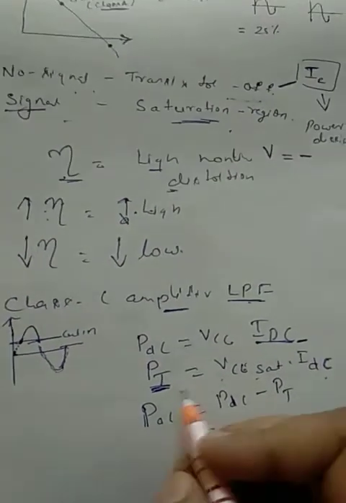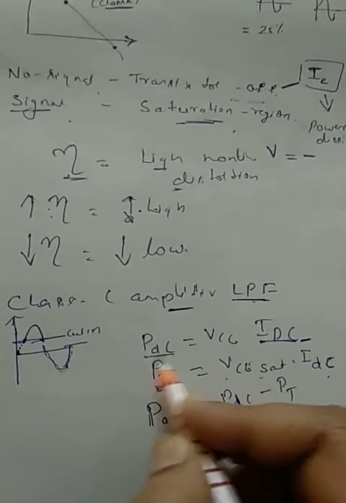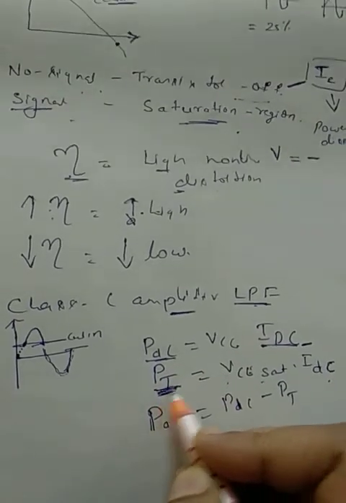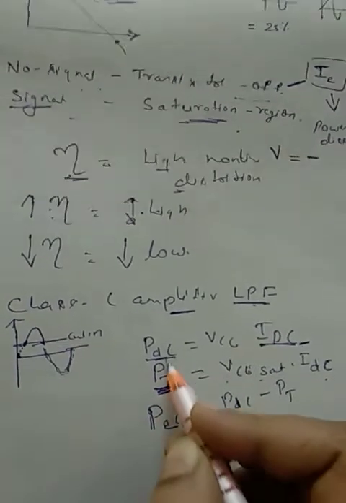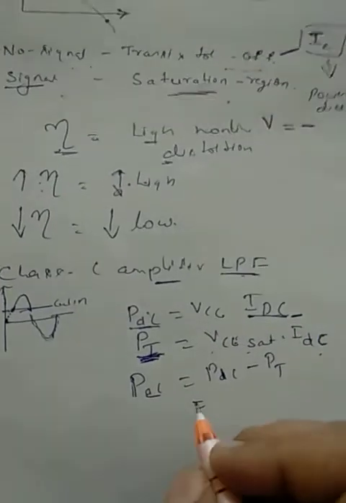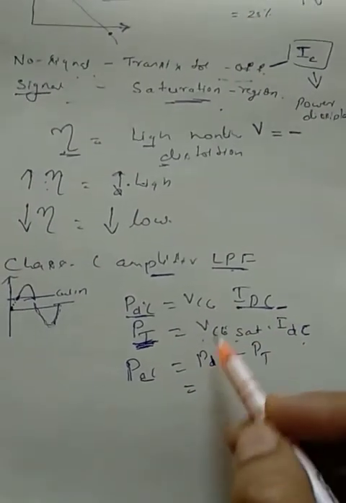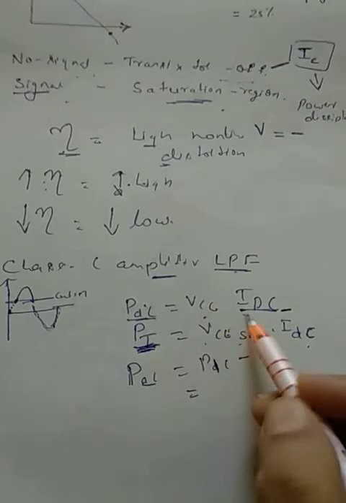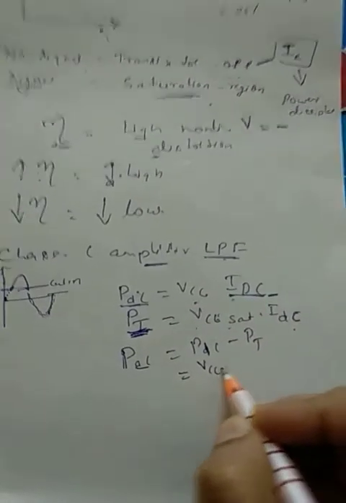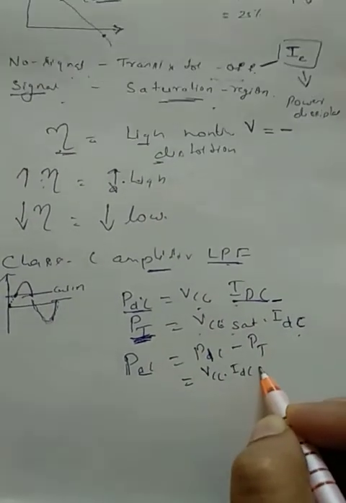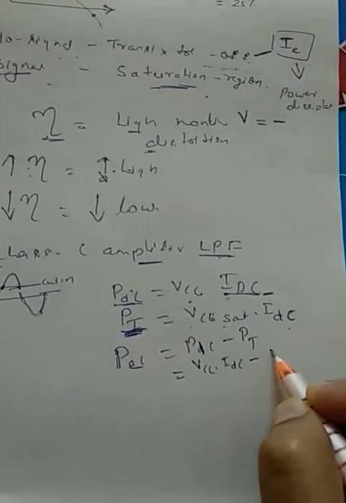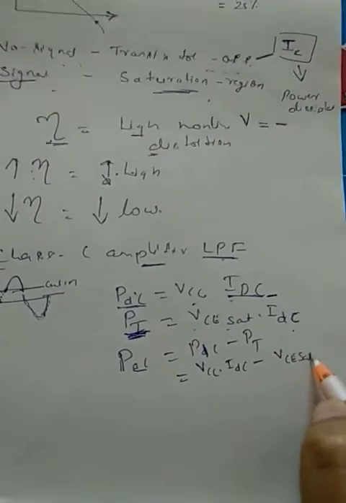This is the power applied, and this is the power dissipated. So at our output we need to have this minus this much power. That is, PDC is VCC into IDC, minus PT, which is VCE saturation into IDC.